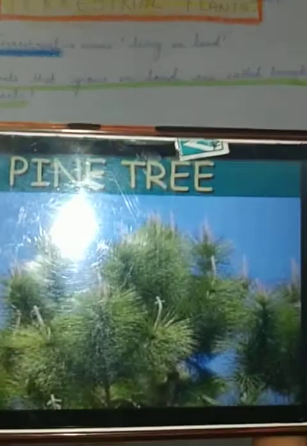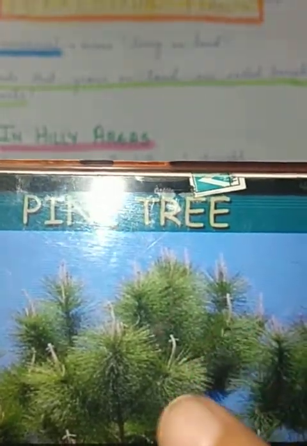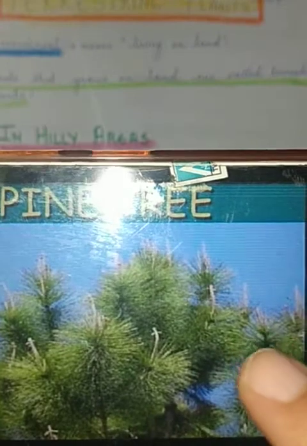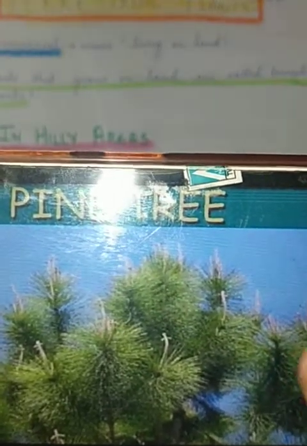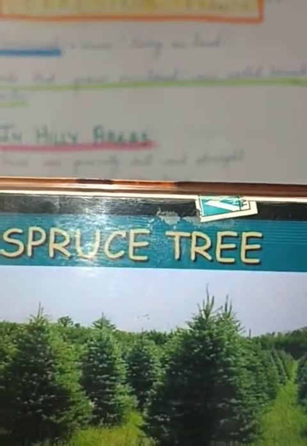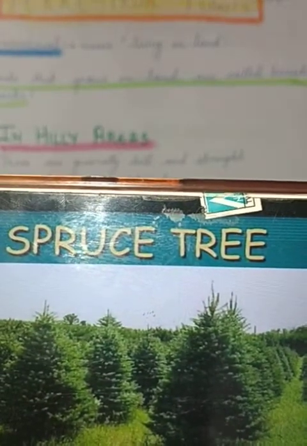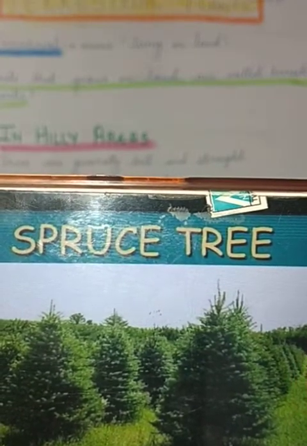This is the pine tree, and it is basically found in hilly areas. You can see in the picture that they are very tall, they grow straight, and their leaves are like needles. And this is the spruce tree. It also grows in hilly areas, and you can see it has a slope-like structure.